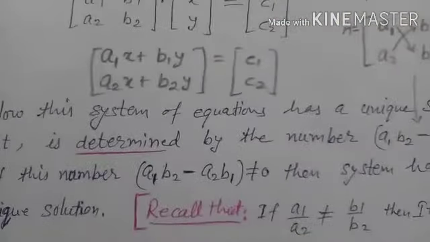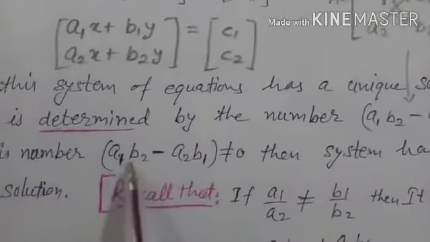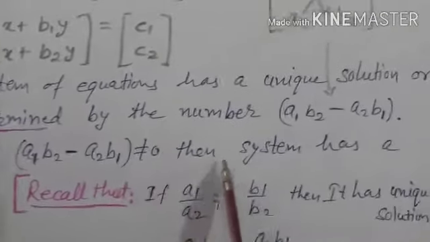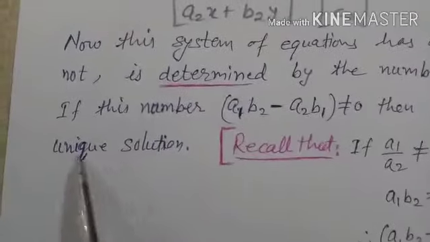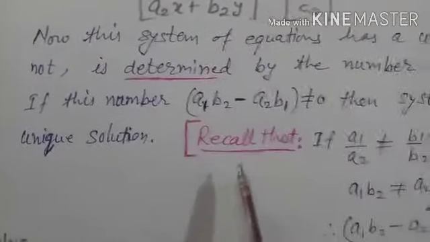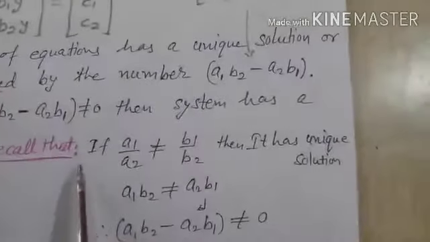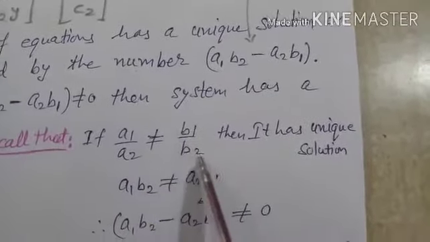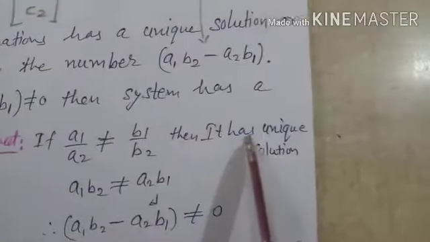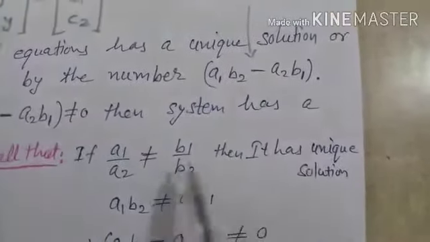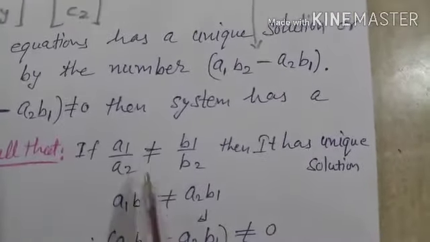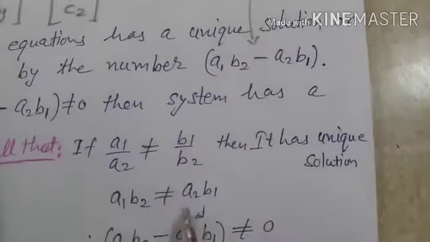Now if this number a1 b2 minus a2 b1 is not equal to 0, then the system has a unique solution. Once again, recall that in class 10th you read that if a1 upon a2 is not equal to b1 upon b2, then it has a unique solution. So by cross multiplication, a1 into b2 is not equal to a2 into b1.